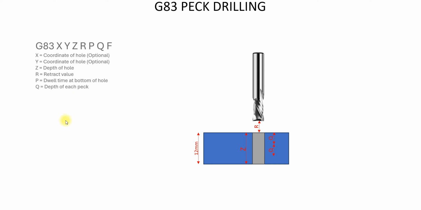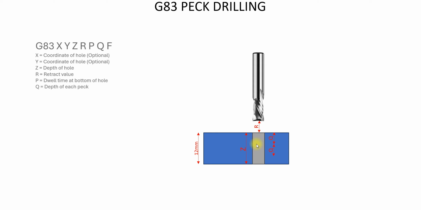Then we have the depth of each peck, and you can see here, if I have these 12 millimeters, we have defined the depth of the hole as 12, and I say I want to go 4 millimeters. Then the program knows that it has to peck down 3 times, because 4 times 3 is 12 millimeters.